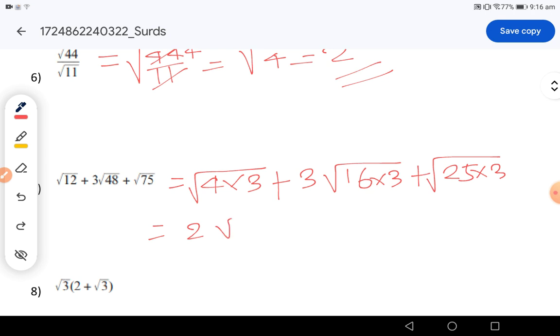So 2 root 3 plus 4 times 3, 12. 12 root 3 plus 5 root 3. So 12 plus 5, 17, 17 plus 2, 19. 19 root 3.